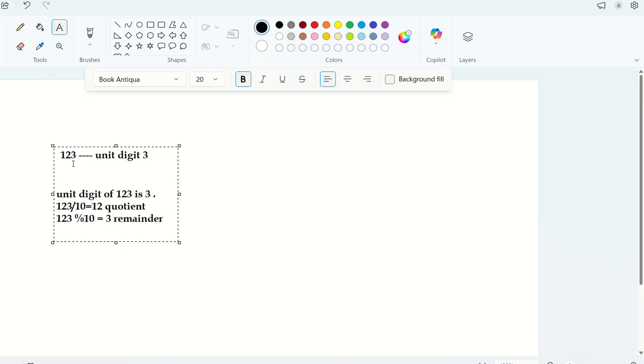So by divide it gives you the quotient, and by modulo it gives you the remainder. So if you want to find the unit digit, then simply take modulo 10. Okay, we will do it.